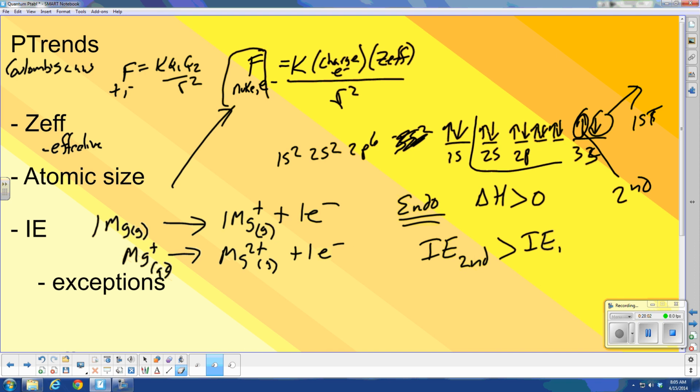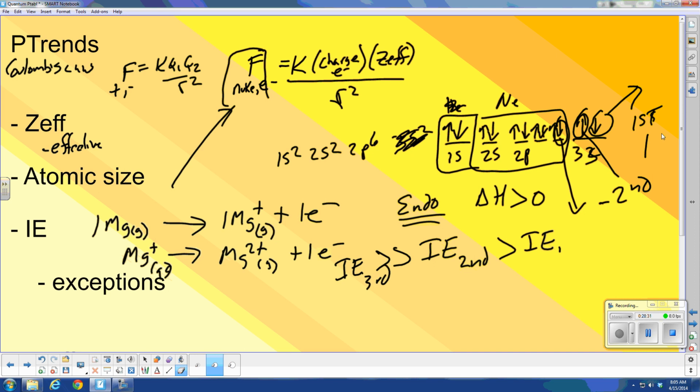Now notice, what do I have left? I have a core. This is my helium core, and this would be my neon core when I look at all of this. So that's my neon core. To remove an electron now from this is going to take much, much more energy than either of these. So for magnesium, it's going to be much, much harder to take that third.